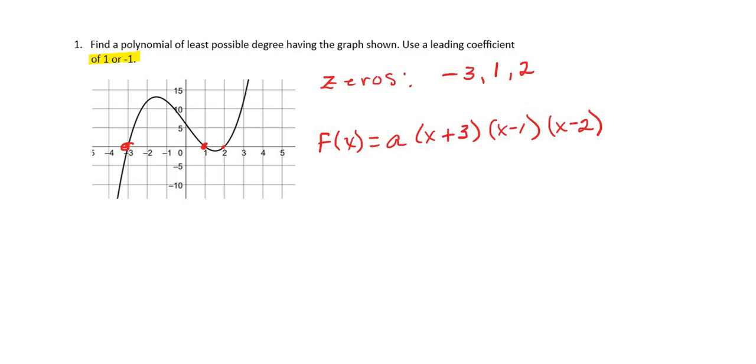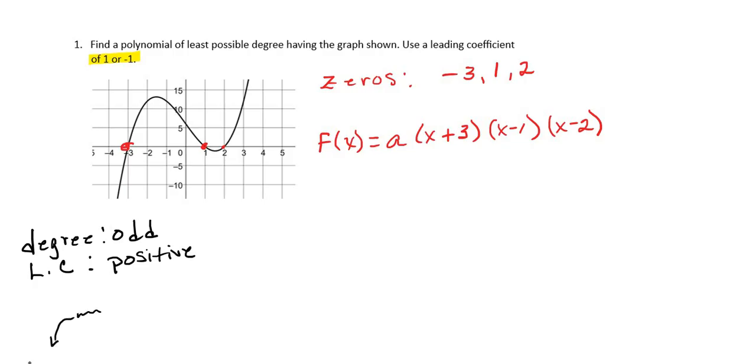If the degree of my function is odd and my leading coefficient is positive, then the general shape of my graph is going to be something like this. Not sure what's going on in the middle part of my function, but that's the general shape of the graph of odd degree and a leading coefficient that is positive.